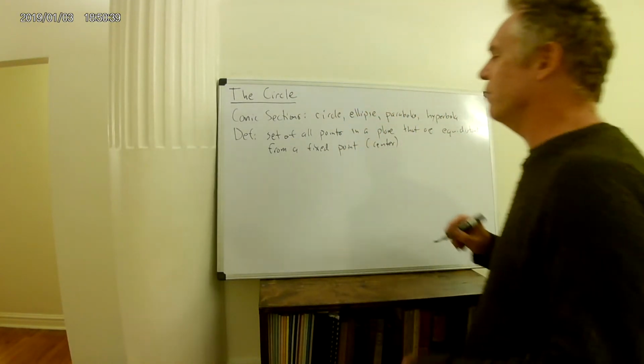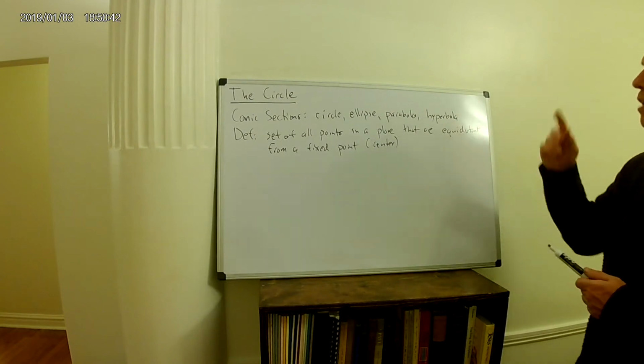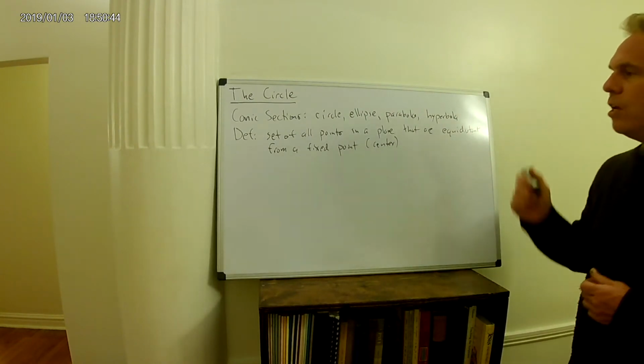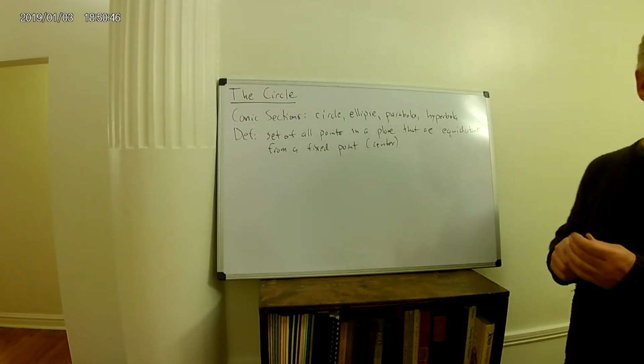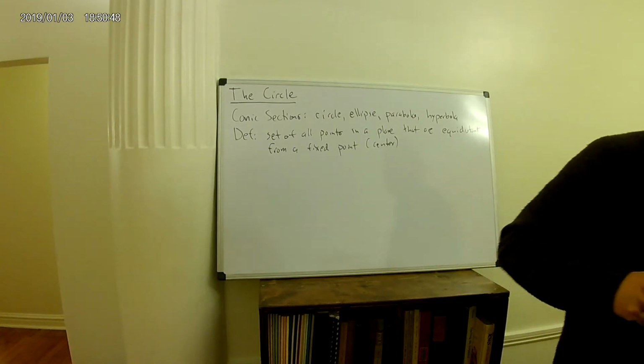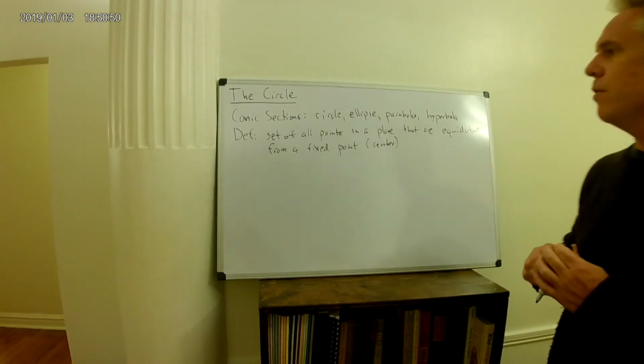So let me step back from this. The definition of a circle is the set of all points in a plane that are equidistant from some fixed point. And what we're going to do now is we're going to derive the equation of a circle.